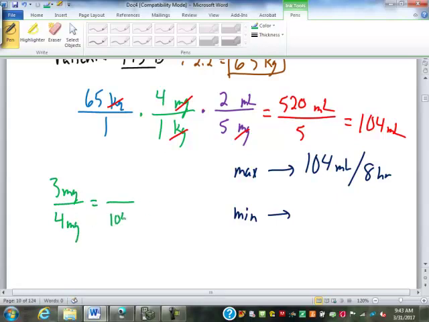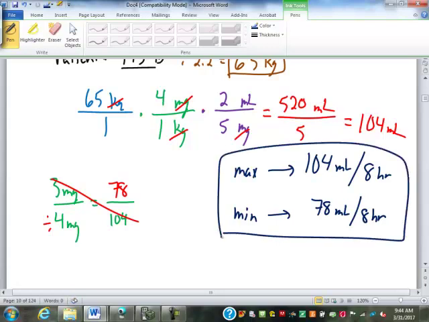So I put 104 on bottom here. I'm going to leave the units off just to save a little time. So 3 times 104 divided by 4 is 78. So that's 78 milliliters every 8 hours. So that is my safe recommended range for this patient.